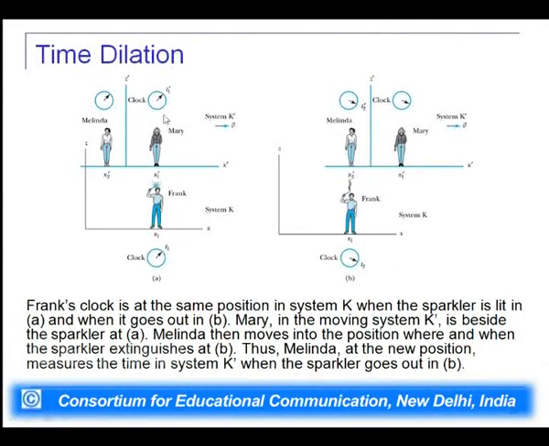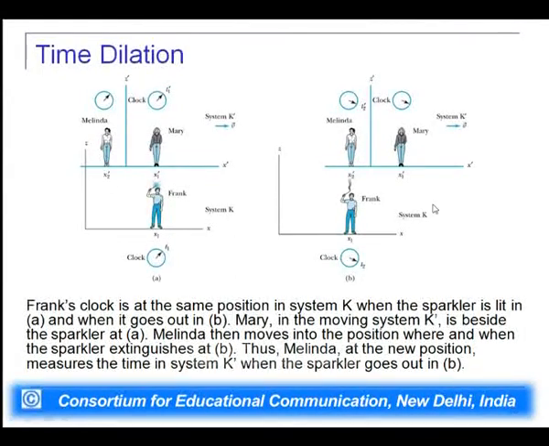Now he is at the x1 dash position, whereas Mary's frame is moving with the velocity v, and it has a different clock whose time is defined by t dash, and Frank has a clock whose time is defined by t1.